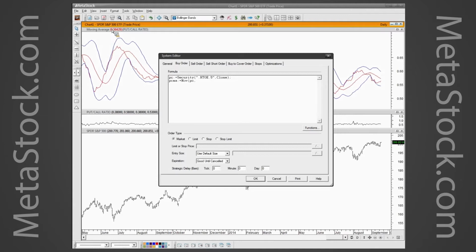Then I use a comma, and then 21 for our number of periods, and S, which is short for simple.